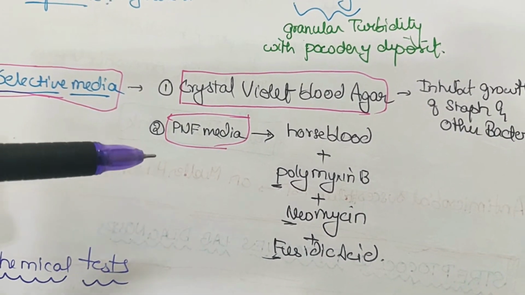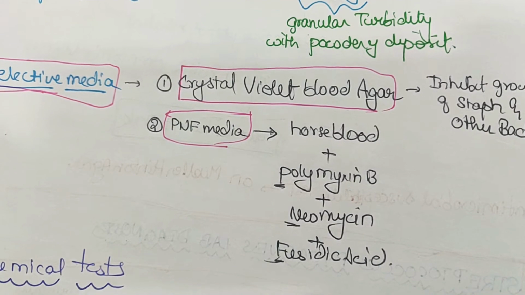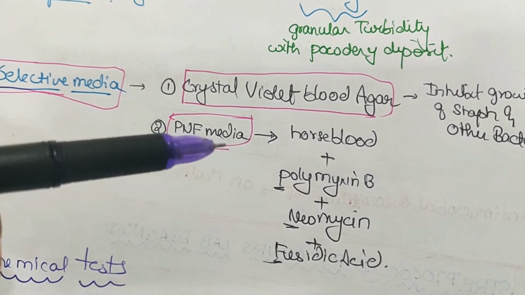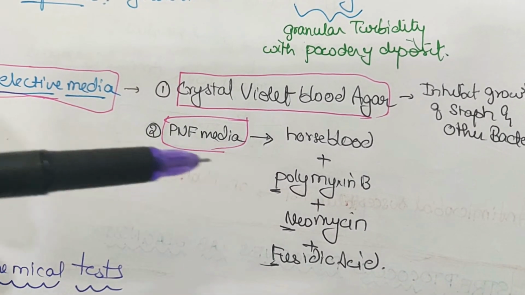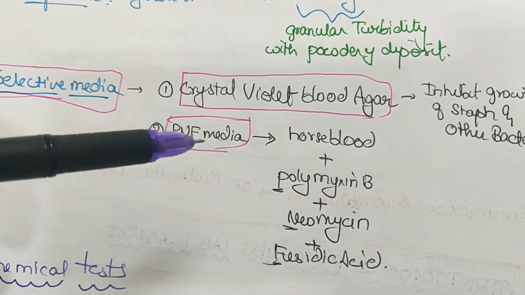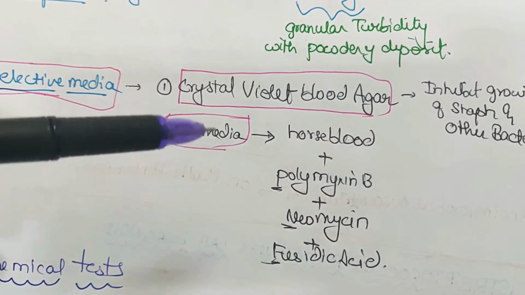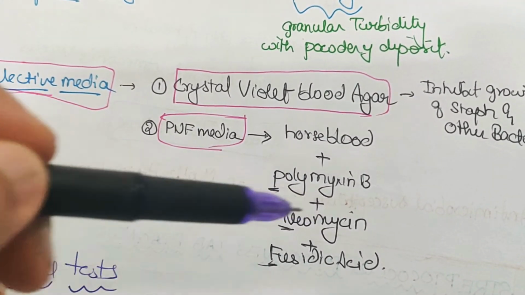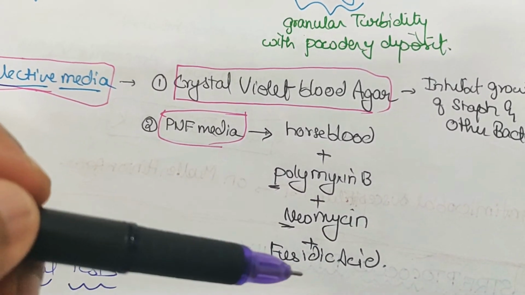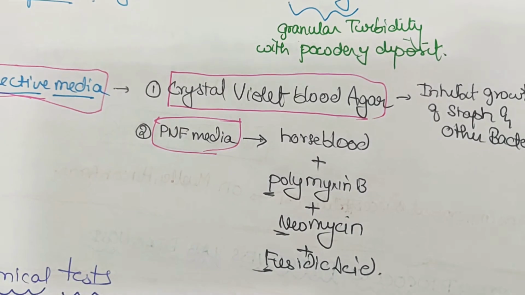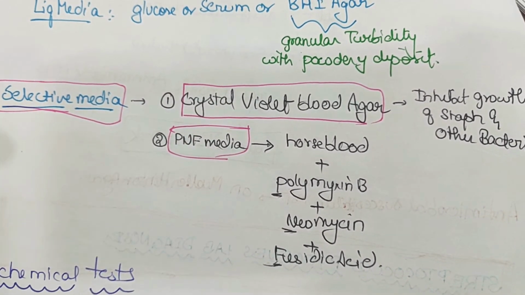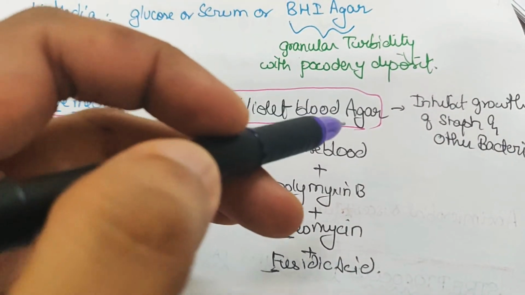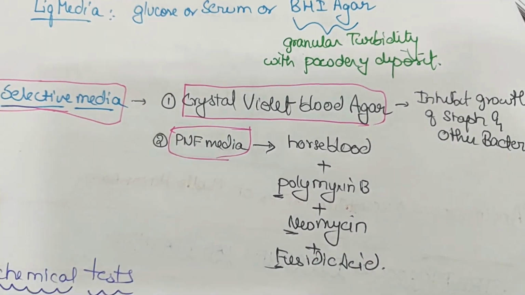And we have another specialized media which is called P and F media, which means polymyxin, neomycin, and fusidic acid. P and F media contains three compounds: polymyxin, neomycin, and fusidic acid with horse blood. These are the selective media, that is crystal violet blood agar and P and F media.